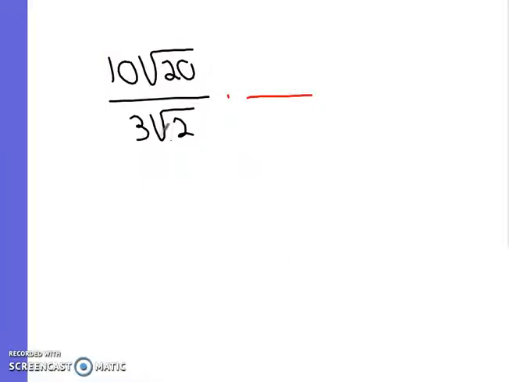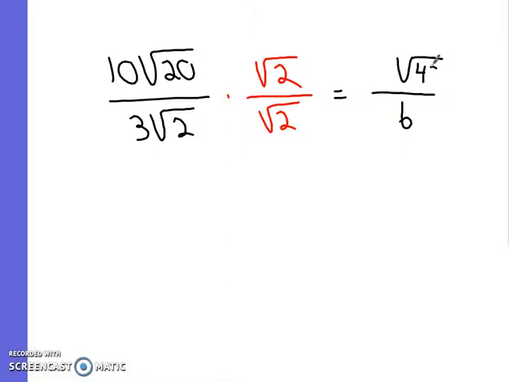Well, I only want to get rid of that root 2 down there, so I'll just multiply by root 2 over root 2, just like that. On the bottom, we'll have root 2 times root 2, that's 2, times 3 is 6. Root 20 times root 2 is root 40. And then I was also multiplying by 10.